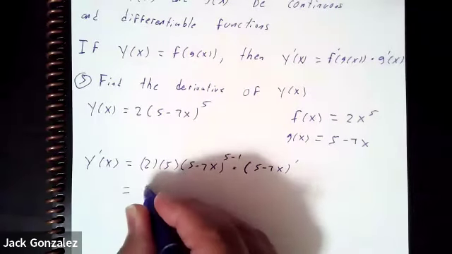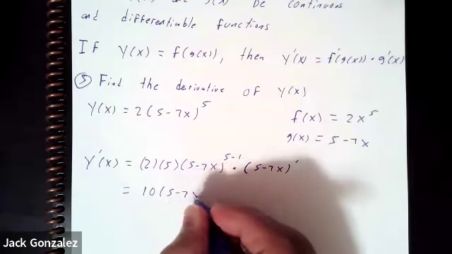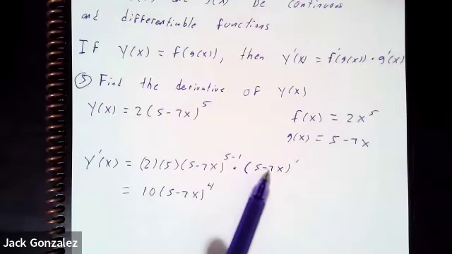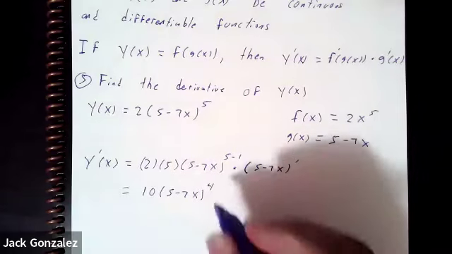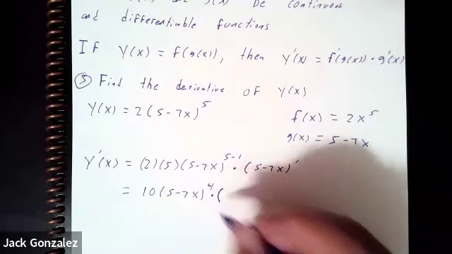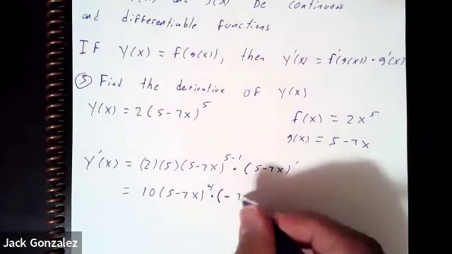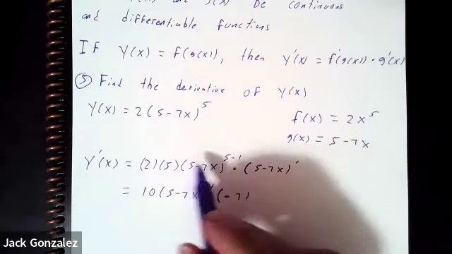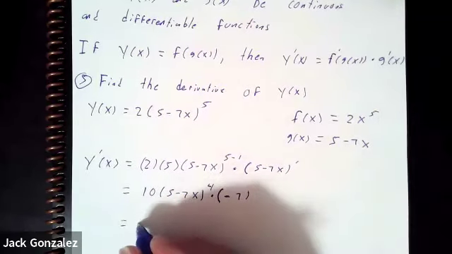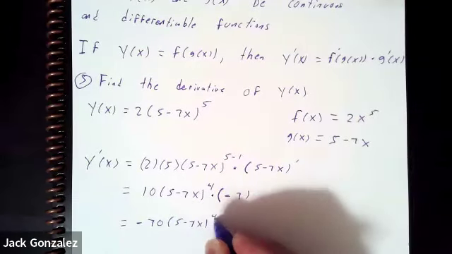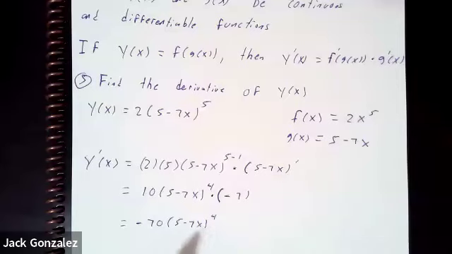So this becomes 10 times (5 minus 7x) to the fourth. What is the derivative of this inner part? Is it just -7? Yeah, just -7. So that's it. We did the outer, did the inner. So that would be -70 times (5 minus 7x) to the fourth.